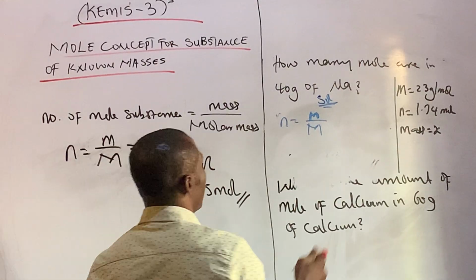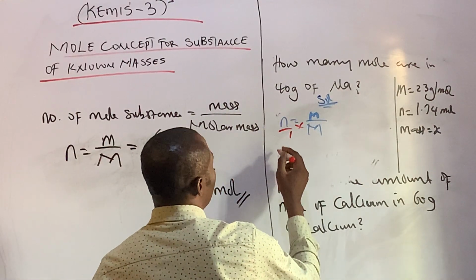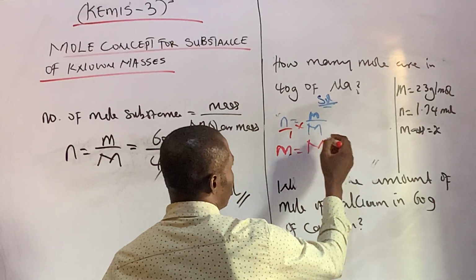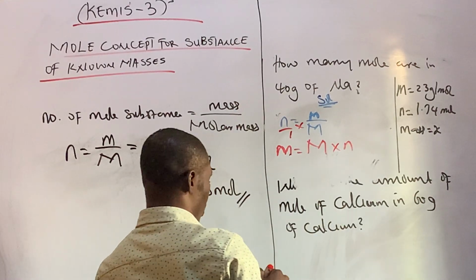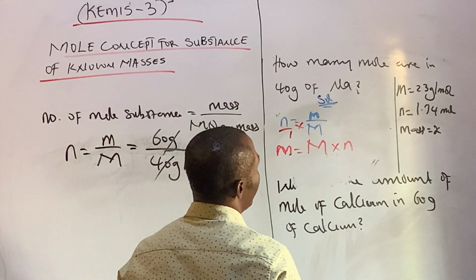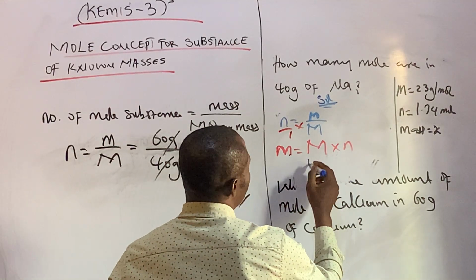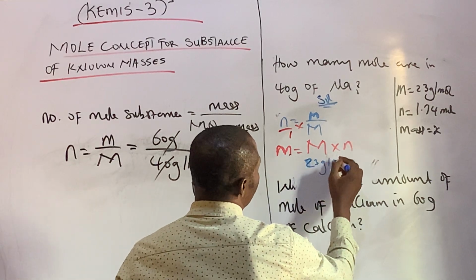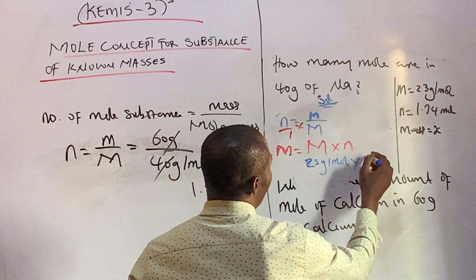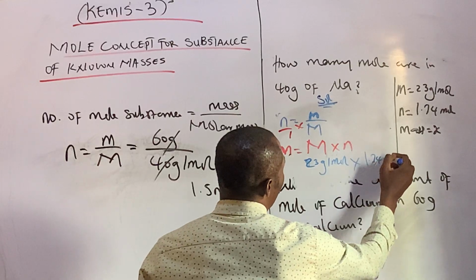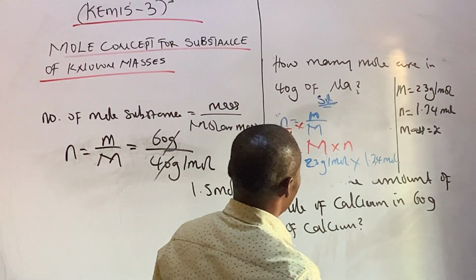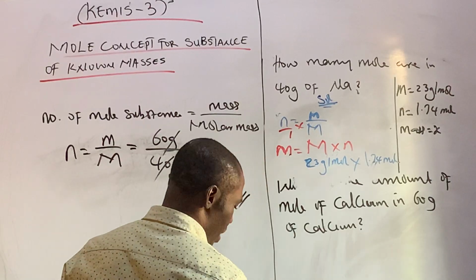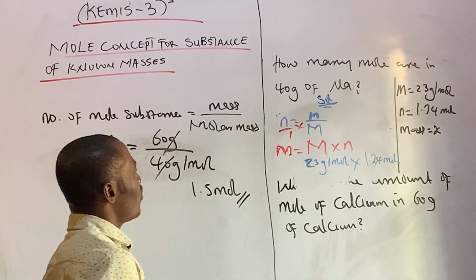If I cross multiply, the mass will become molar mass times the number of mole. The molar mass is 23 gram per mole, multiplied by 1.74 mole.